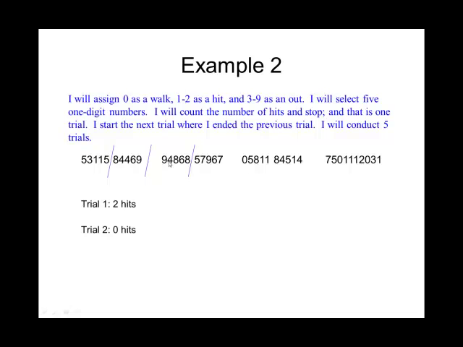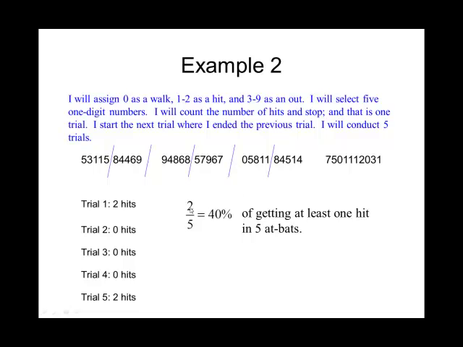In my third trial, again, I've gotten numbers between 3 and 9, so again, no hits. My fourth trial, again, numbers between 3 and 9, so 0 hits. And in my last trial, I again have 2 ones, so there's 2 hits.